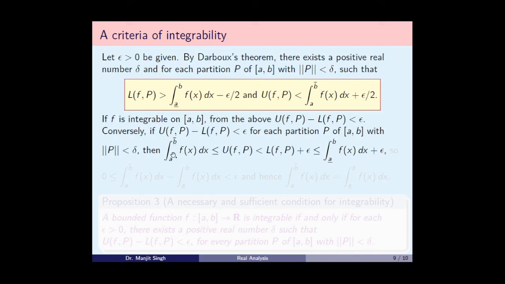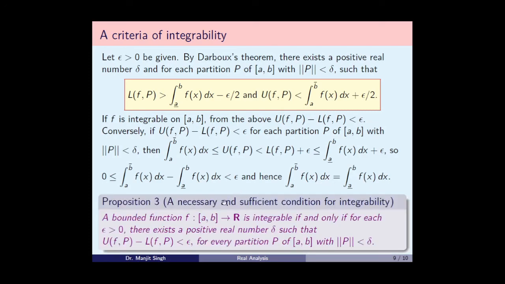You see here, this is the upper integral and this is the lower integral plus epsilon. If you take this difference, you will find that it is a non-negative difference less than epsilon, as we have taken epsilon as small as we like. So by this condition we find that the upper integral is identical to the lower integral, and that was the condition of Riemann integrability.